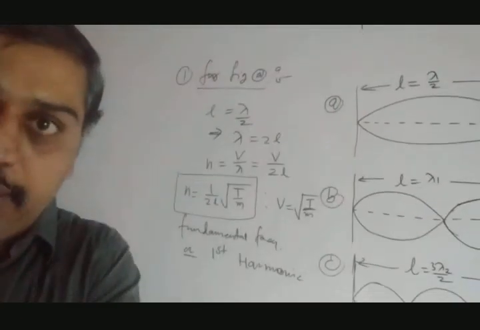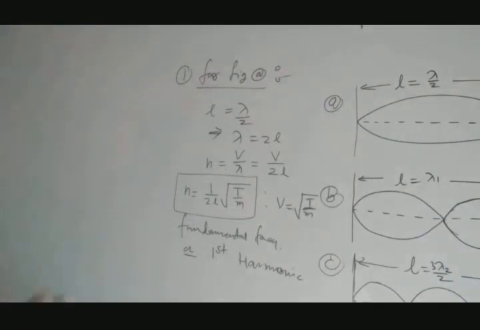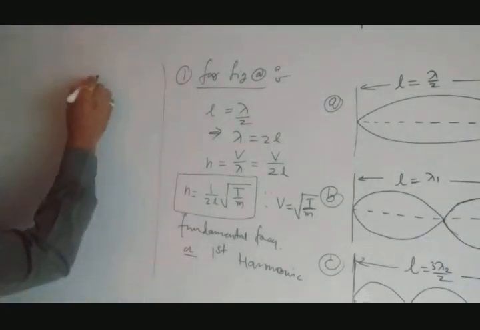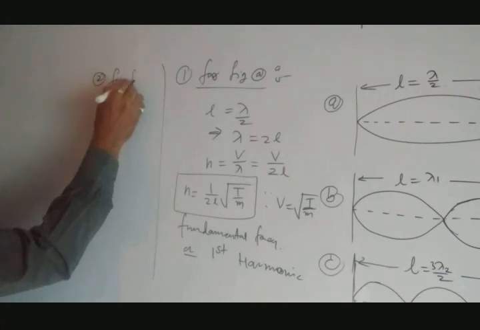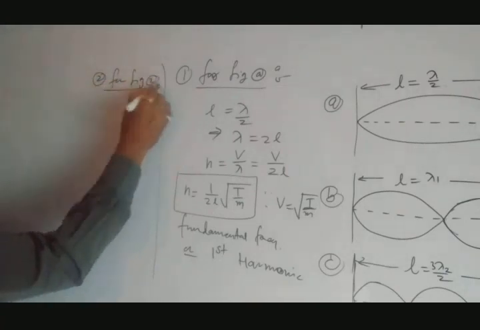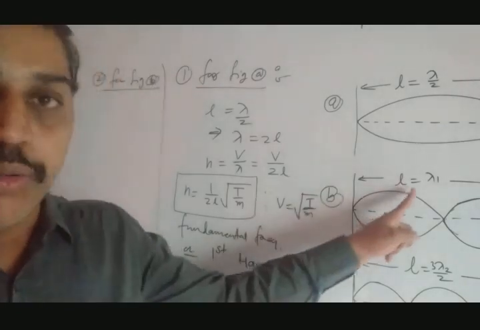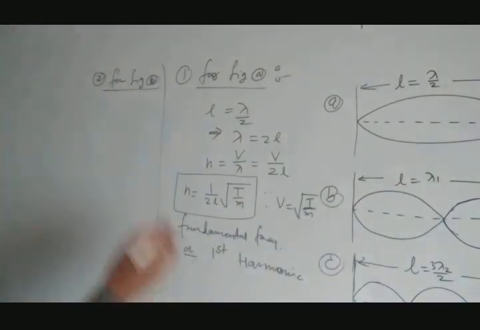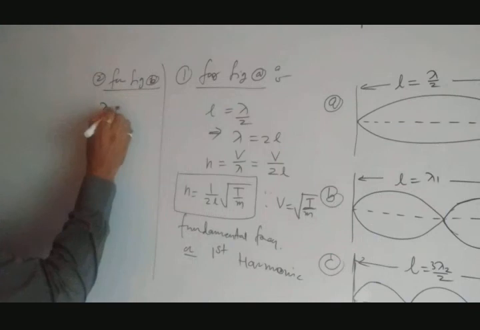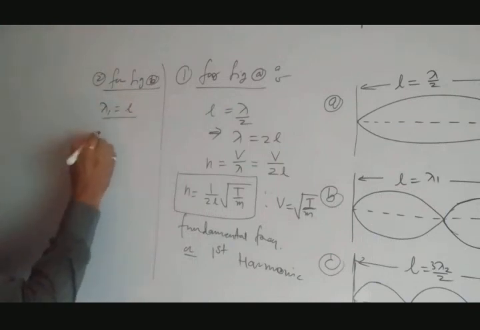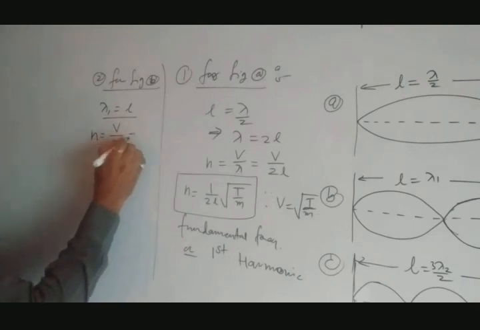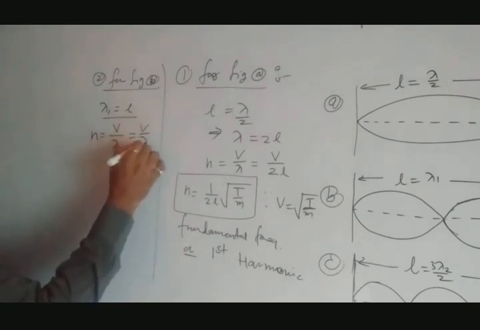So let's start for figure 2. So I will write down here, a little bit of adjustment I have done. So let's go second for figure 2, or B we can say. We have used B. So figure B, L is equal to what? Lambda 1. So we know lambda 1 equals L. So as we know, n equals v by lambda, and it is what? v by lambda 1.